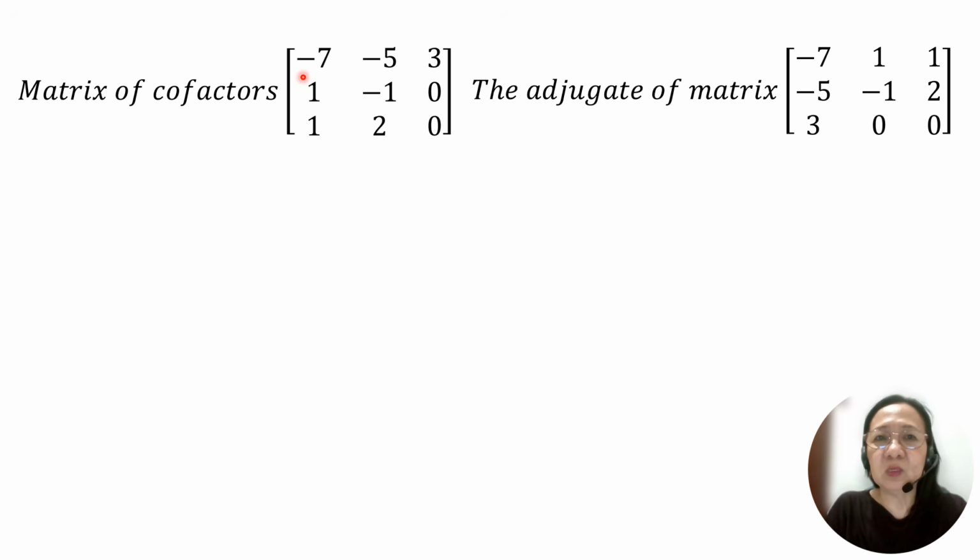So in the first row, negative 7, negative 5, 3, that is now written in the first column, negative 7, negative 5, 3. Wherein the entries in our second row is now written in the second column, 1, negative 1, 0. And lastly, 1, 2, 0 in the third row is now written in the third column, 1, 2, 0.